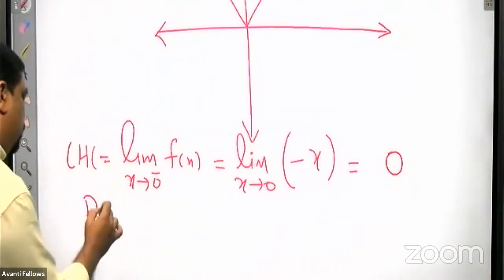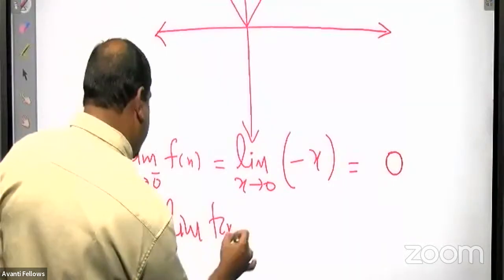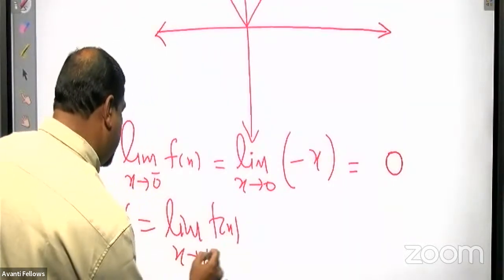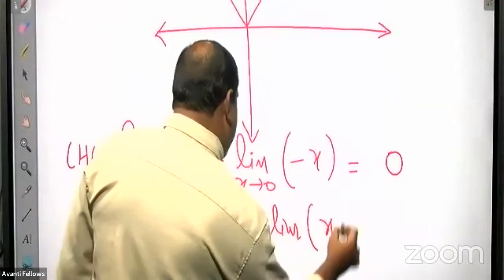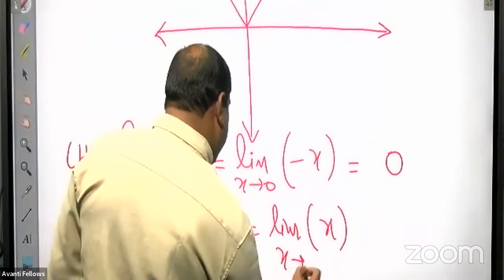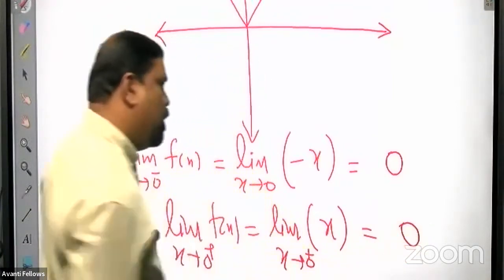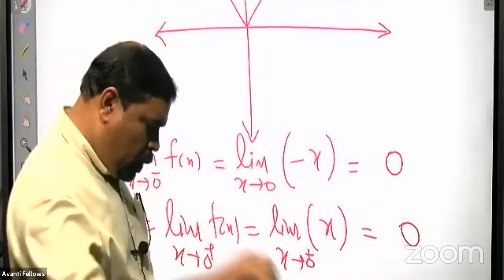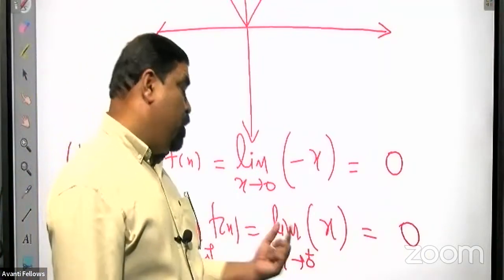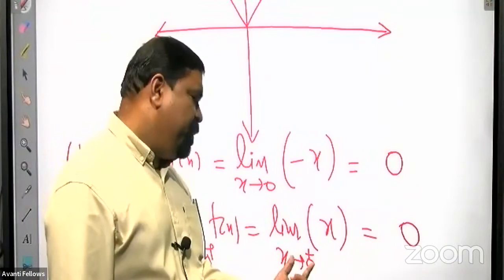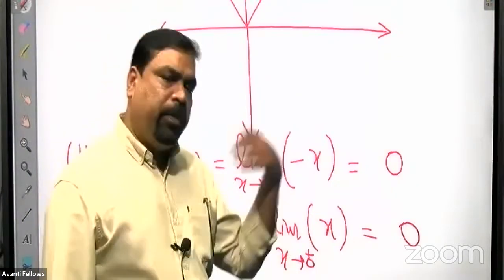And RHL. RHL equals the limit of f of x as x tends to 0 plus. From the right side of 0, the function is x only. Limit of x as x approaches 0 from the right side of 0, that is the 0 plus meaning. So the value is equal to 0.